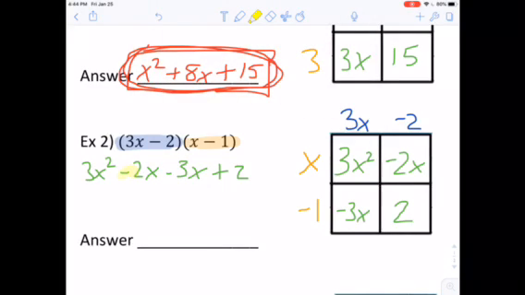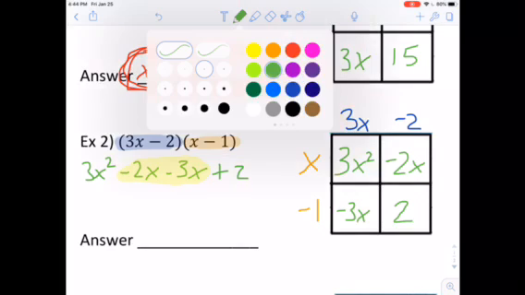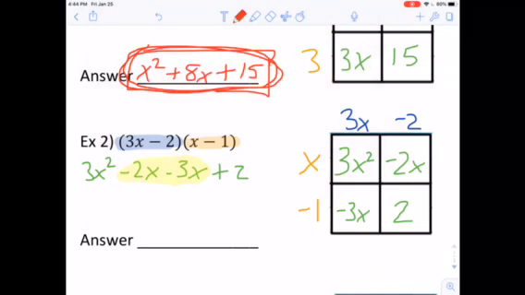The like terms that I have are the negative 2x and the negative 3x. So I'm going to simplify this just a little bit. My final answer is going to be 3x squared. The combination of negative 2x and negative 3x is negative 5x, and 2.